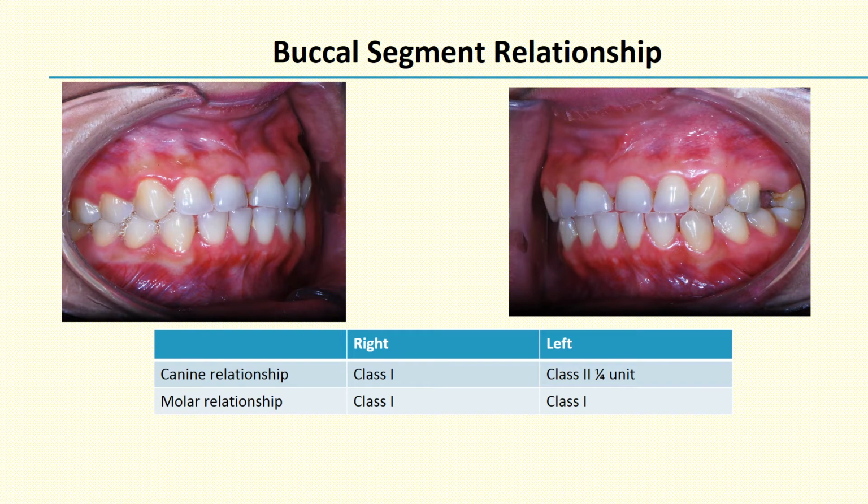While for buccal segment relationship, from the intraoral pictures, it could be seen that the canine relationship on the right side is class 1, while on the left side it is class 2 quarter unit. For molar relationship, the right is class 1, while the left is class 1 as well.